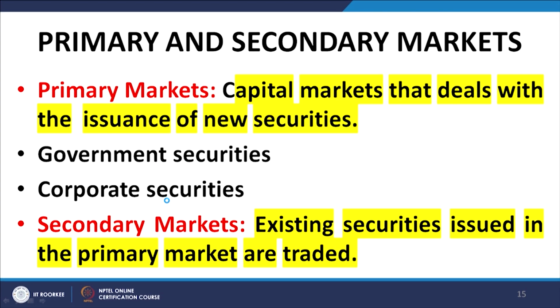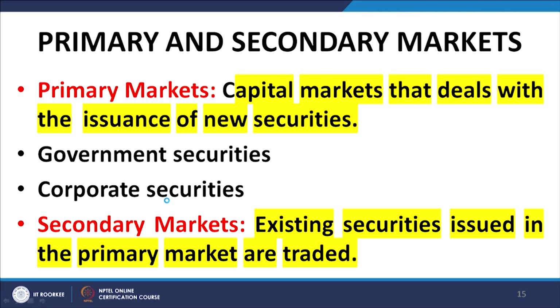Markets may be segregated into primary and secondary markets. Primary markets are those markets in which the issuer himself or itself markets the securities, and the investors take up the positions in these securities directly through an issue by the issuer of the securities.